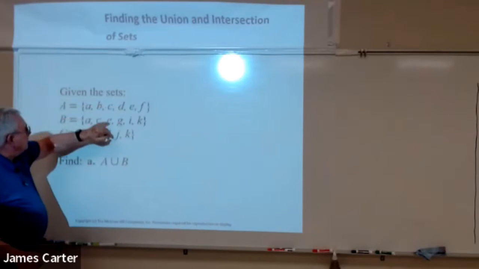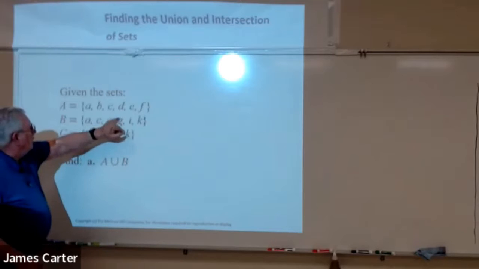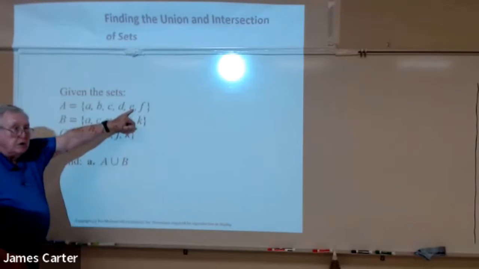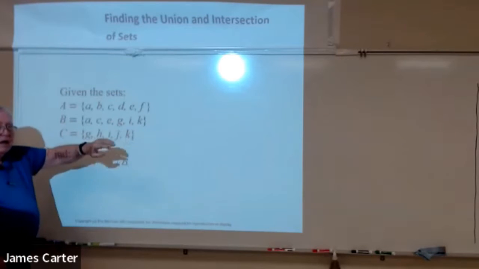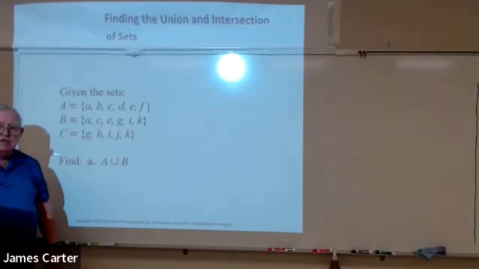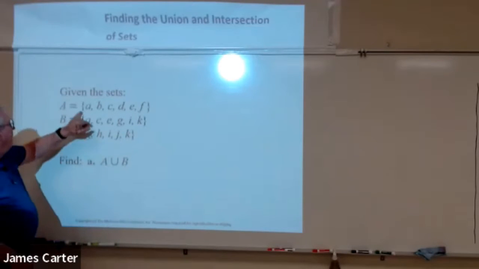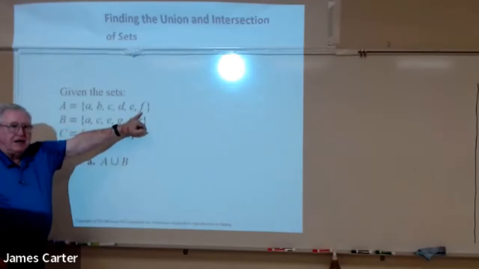D is missing from both of them. E is shared in both of them. And some of you are looking puzzled because I'm saying this absolutely backwards. Every one of these is going to be in it.